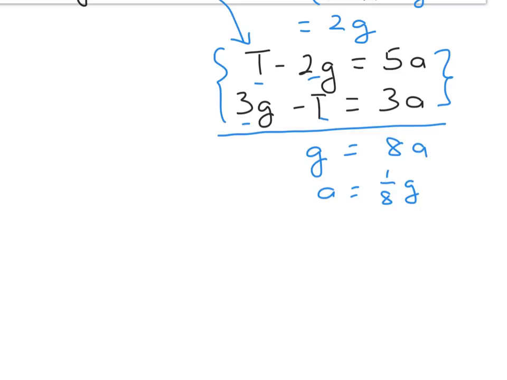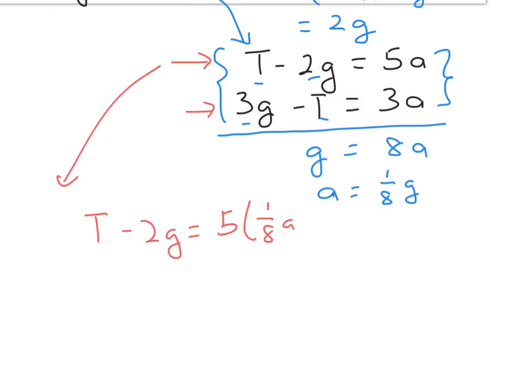Okay, once you know a, you can now work out t. Now you can use this equation or this equation. Either one will give you the same answer. If we use the top one, it says t minus 2g is equal to 5 times a, and a is 1/8 g, so this is 5/8 g.